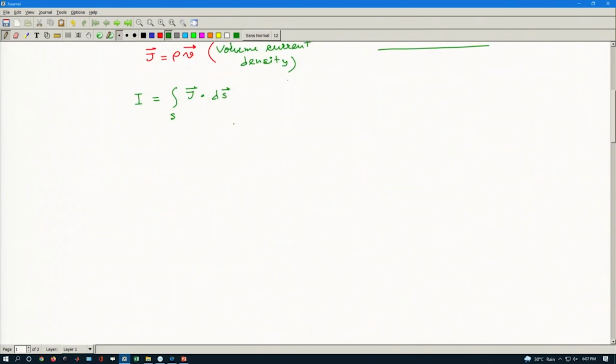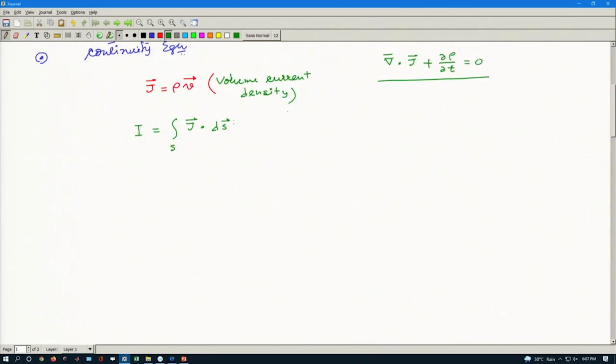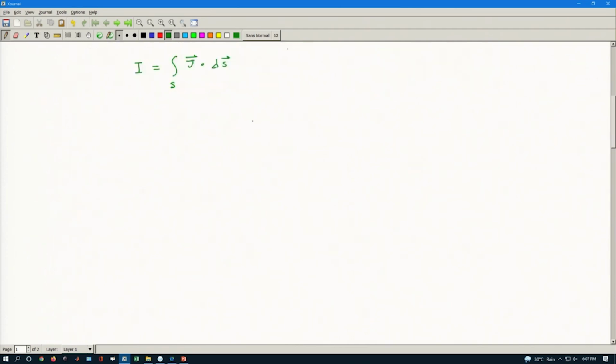So, I have a cross section, and in this cross section the volume current density is flowing, and if I integrate over this cross section, the entire surface, then I will get the total current.